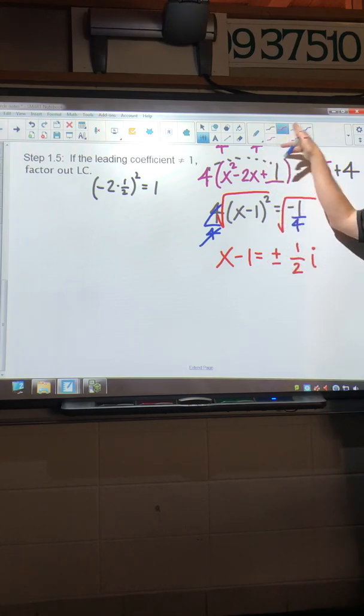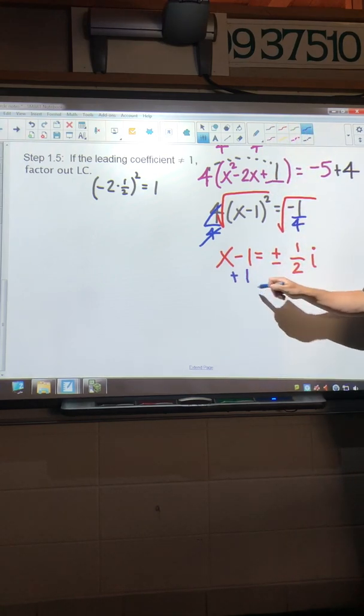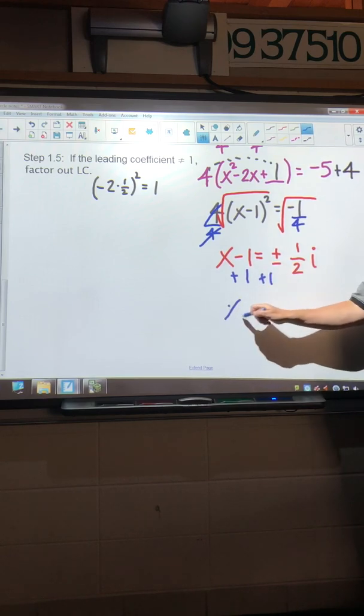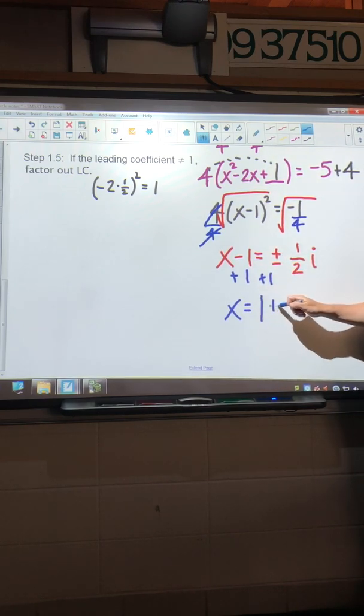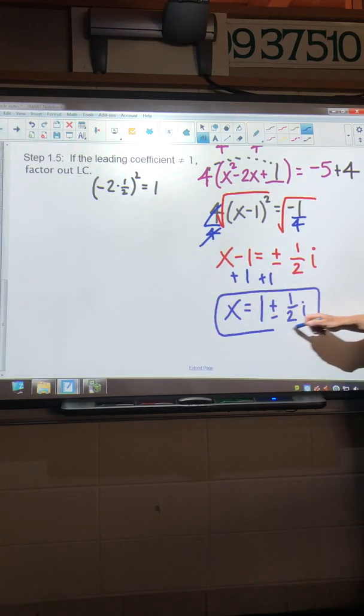Okay, and then add 1. So get your final answer. So x equals 1 plus or minus 1/2 i. Okay, so that's completing the square.